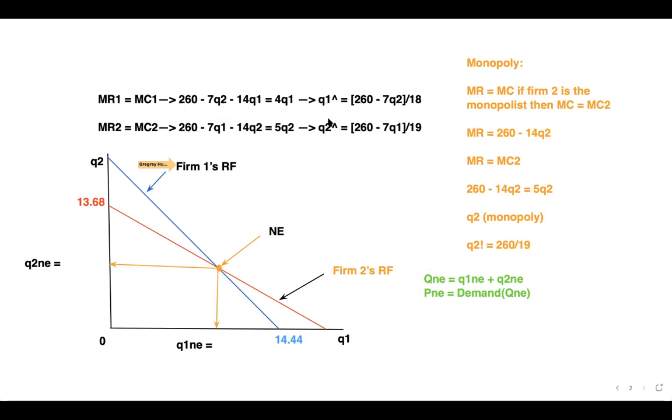Okay, so you guys want to walk me through the math of this? Just to be clear, what we need to do is substitution and elimination. This is just like supply and demand. So I just have to, for example, take this reaction function for firm 2 and substitute it into the reaction function for firm 1, and then I'll have one equation in one unknown.